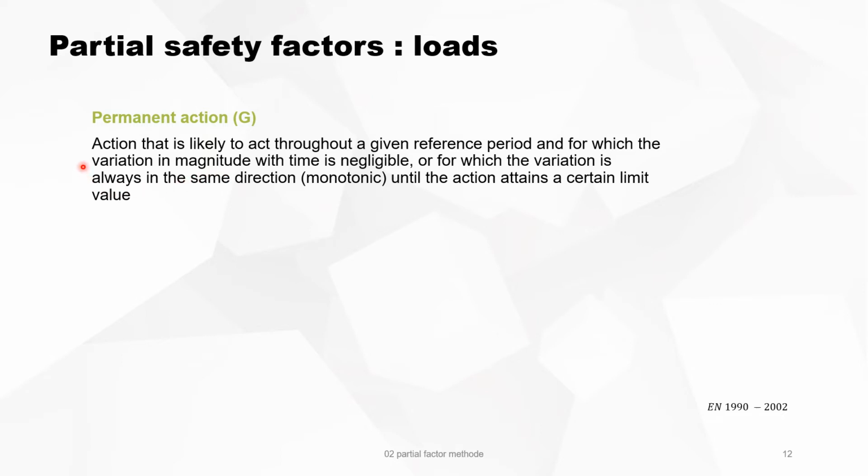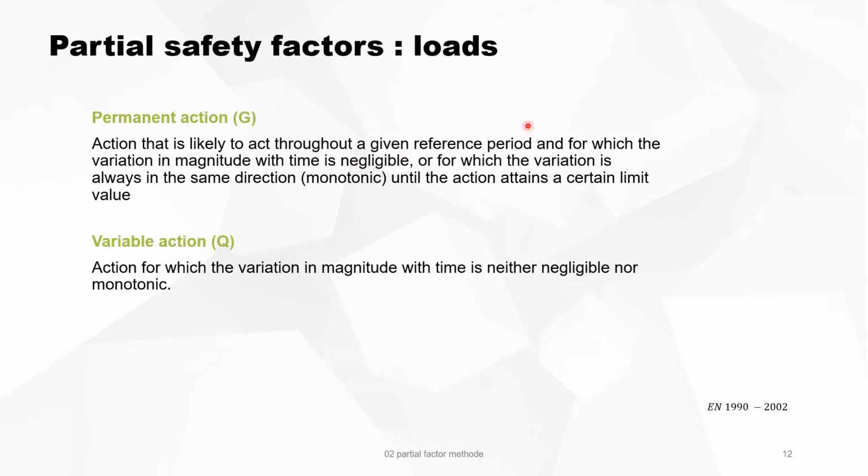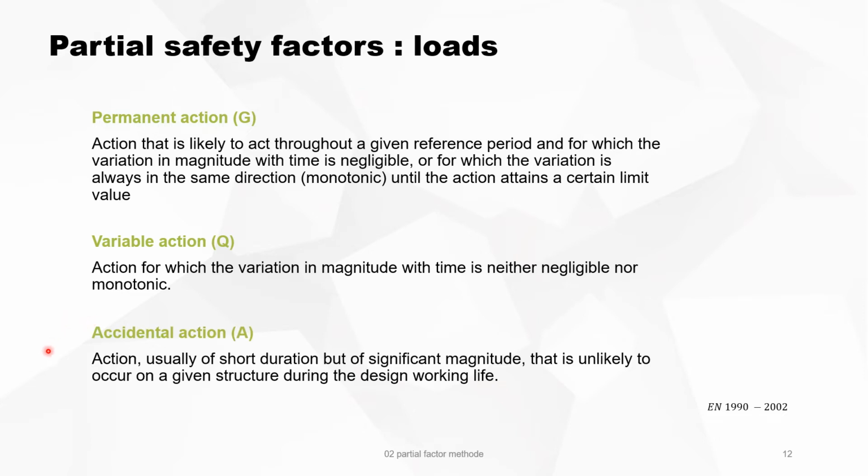A permanent value has a small variation compared to the given reference period. A variable action is an action for which the variation in magnitude with time is neither negligible nor monotonic, compared with the given reference period, of course. An accidental action is an action, usually of short duration, but of significant magnitude, that is unlikely to occur on a given structure during the design working life.